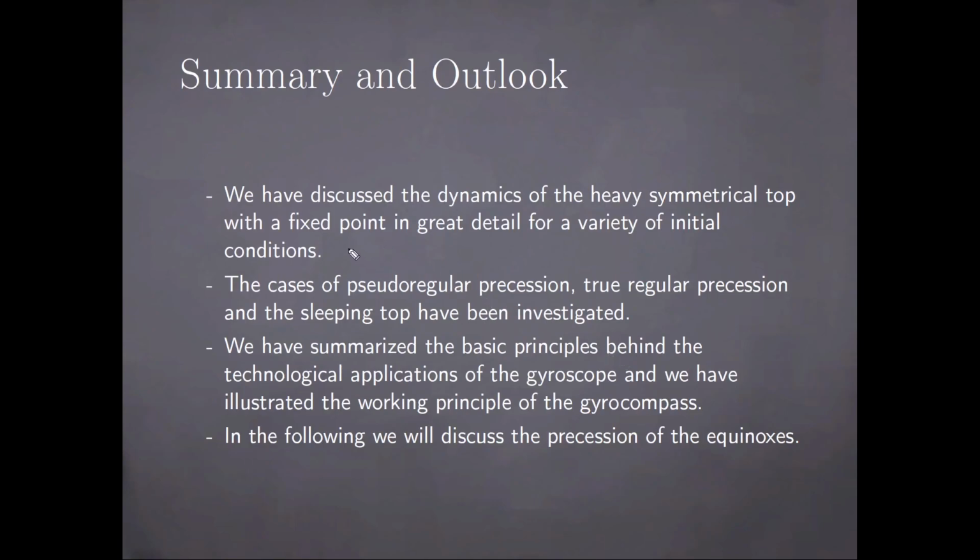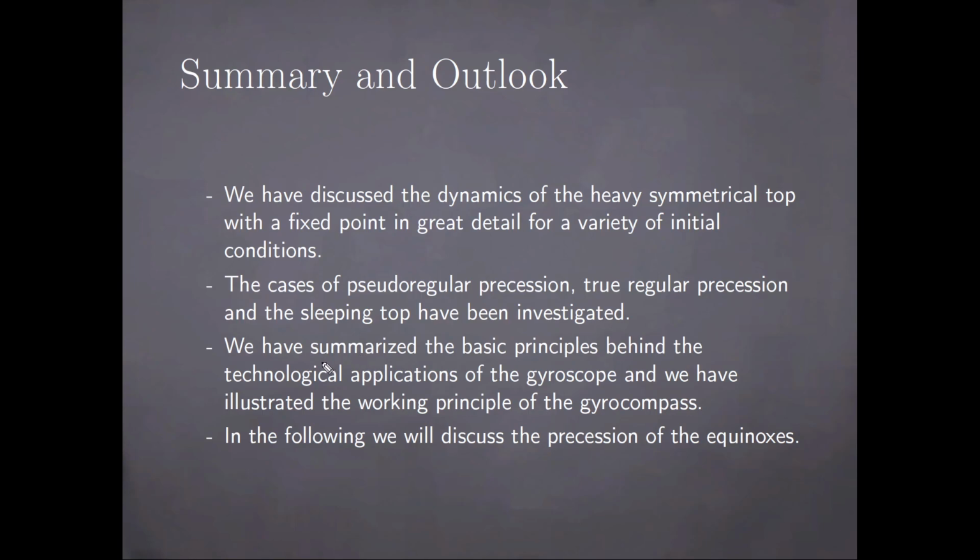So in summary, we have discussed the dynamics of the heavy symmetrical top with a fixed point in great detail for a variety of initial conditions. We have studied the following particular cases, namely pseudoregular precession, true regular precession, and the case of the sleeping top.